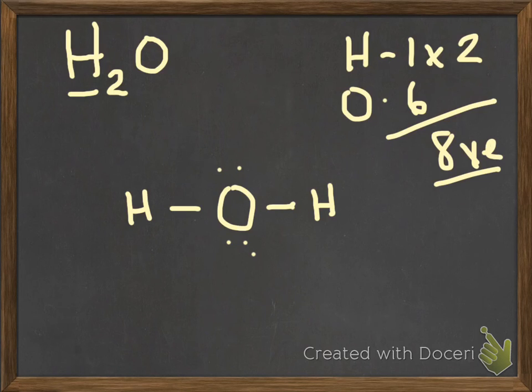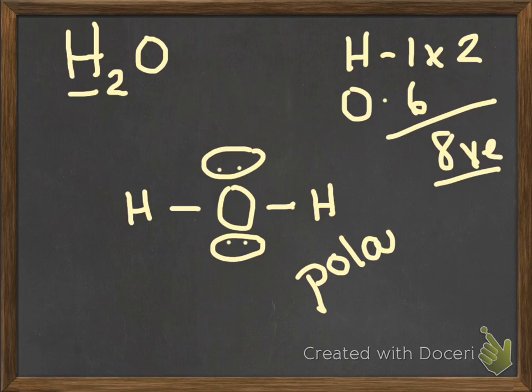Now, let's ask some questions. Is there a lone pair of electrons on the central atom? The answer is yes, not just one, but there are 2 lone pairs of electrons, which ends up making water an extremely polar molecule. And we don't have to go any farther. If there's lone pairs of electrons, then it's automatically polar.